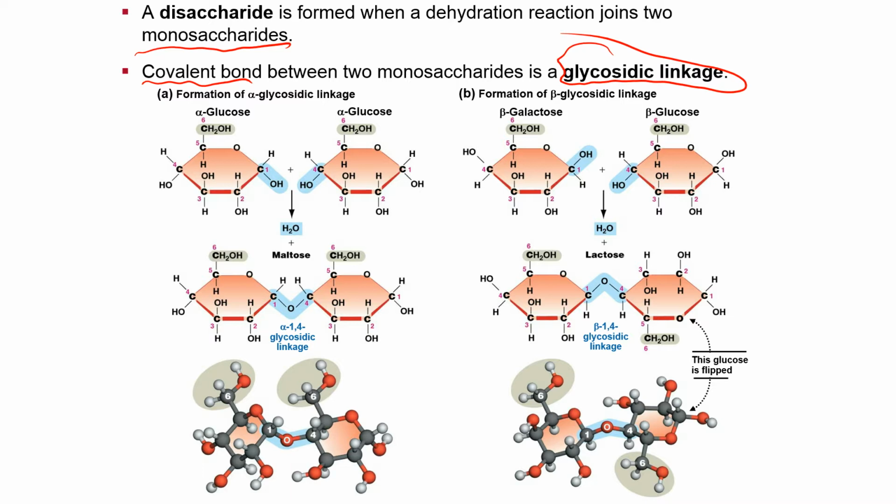Now, again, since you are elongating, you're making a larger molecule, this is a synthesis. Since you're synthesizing something, making it bigger, making more of it, this involves a dehydration reaction.